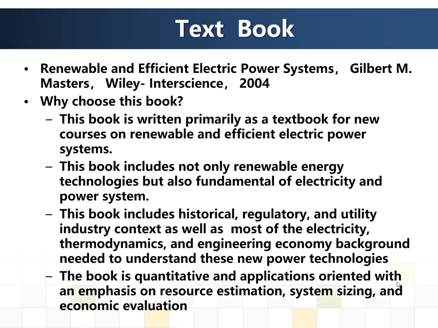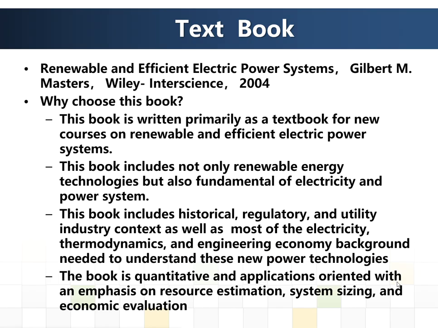The textbook used in this course is Renewable and Efficient Electric Power Systems, published by Wiley and written by Gilbert Masters. Why do we choose this book? Because this book is written primarily as a textbook for new courses on renewable and efficient electrical systems.